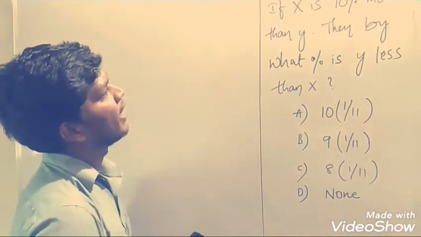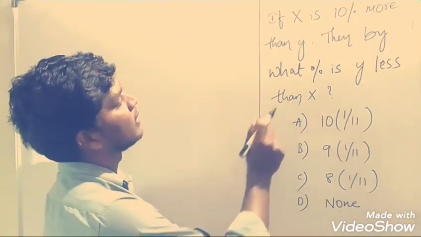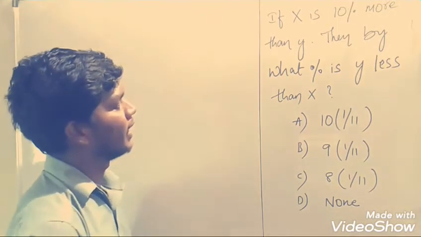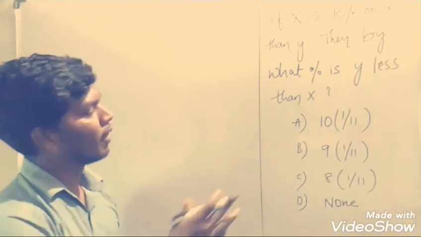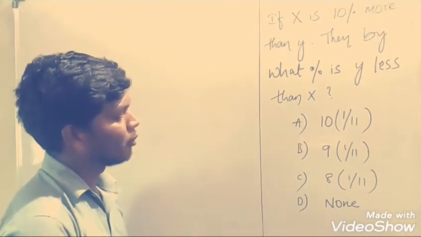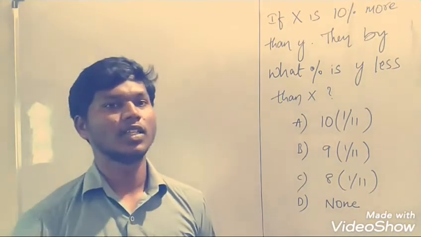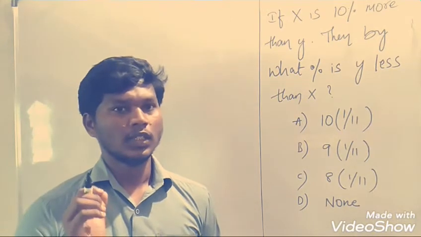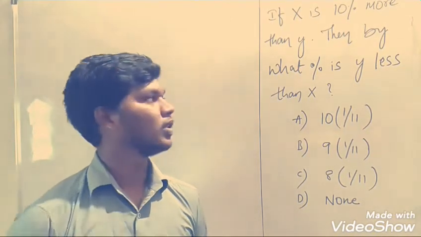If x is 10% more than y, then by what percent is y less than x? And the options are 10 1 by 11, 9 1 by 11, 8 1 by 11, and option D is none. See friends, first analyze the question and be aware of which formula must be used.